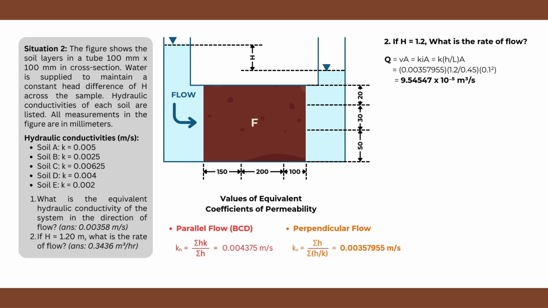So, to get this value, we just convert the unit of seconds to hours by multiplying it by 3,600 seconds per hour. This way, the units of seconds cancel out, and this gives us the final value of 0.3436. And that's it for this episode's situation.